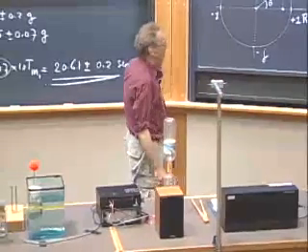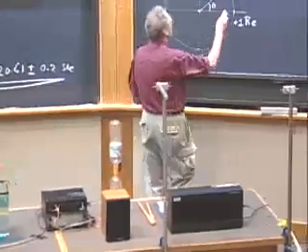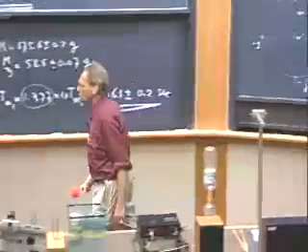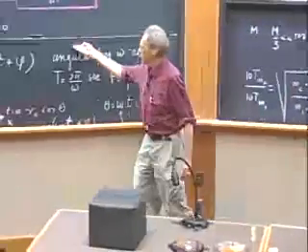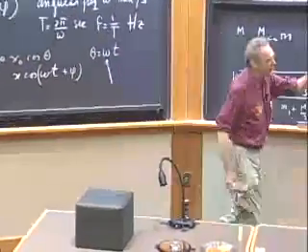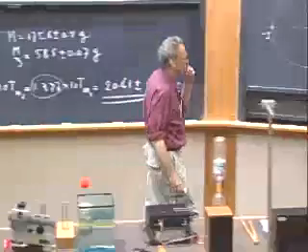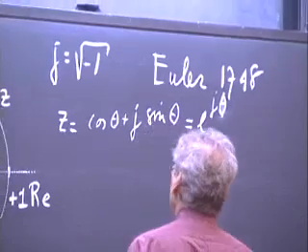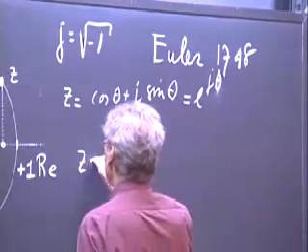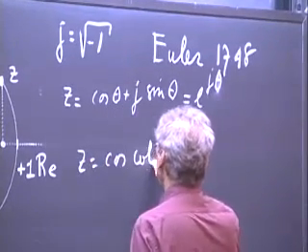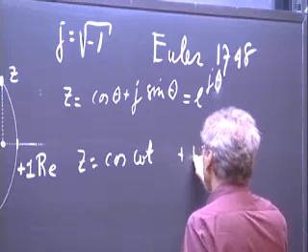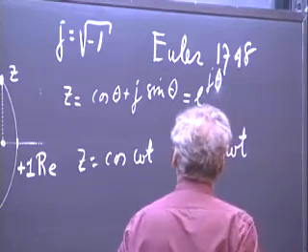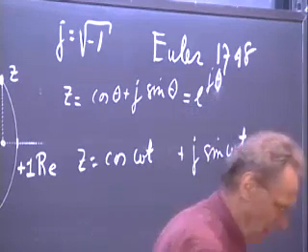So why would we ever want to use this? Well, if you make this thing go around, going back to my uniform circular motion here, if I make that point go around, and I only look at the real part, I have a simple harmonic motion. And so if I change theta into omega t, then I get that z equals the cosine of omega t plus j times the sine of omega t, the real part of which is a simple harmonic motion.